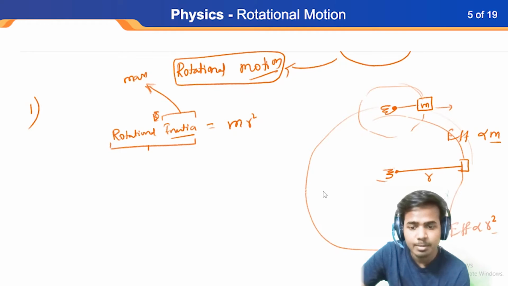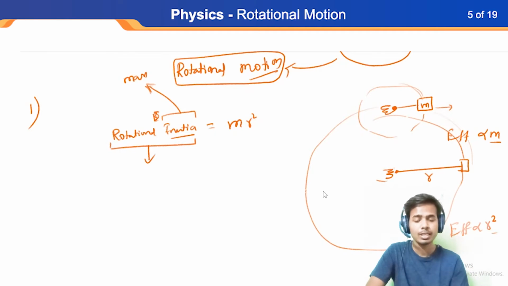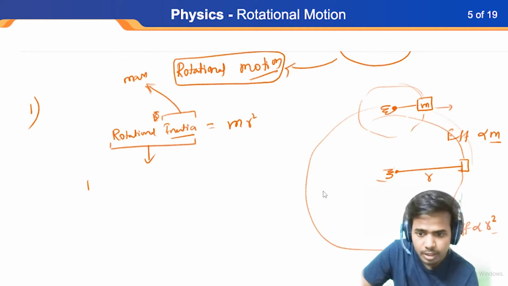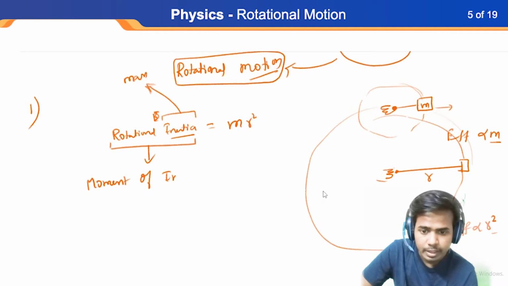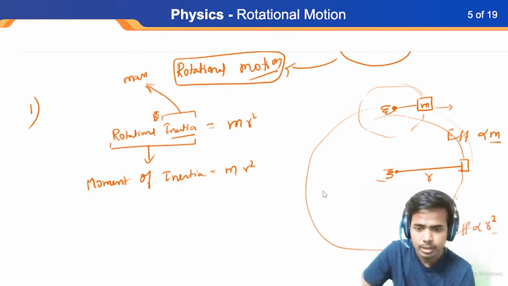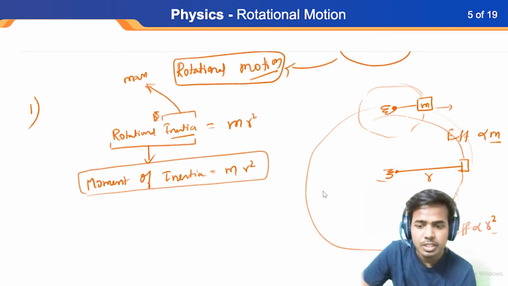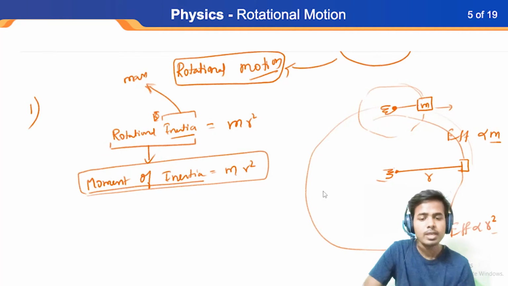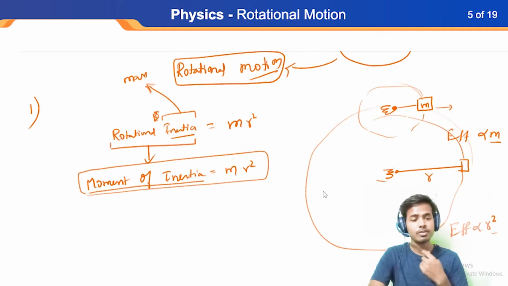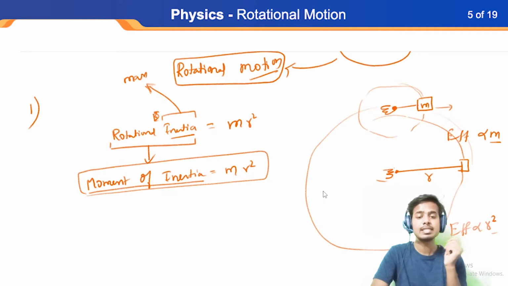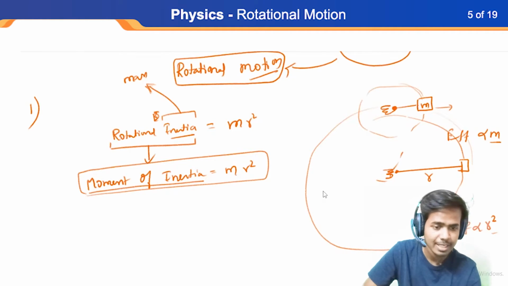And the formal name for this rotational inertia is moment of inertia. This is mr squared, and that is the moment of inertia, which defines the resistance the body will provide when it is about to be rotated about a fixed axis, which is this one, the fixed axis.